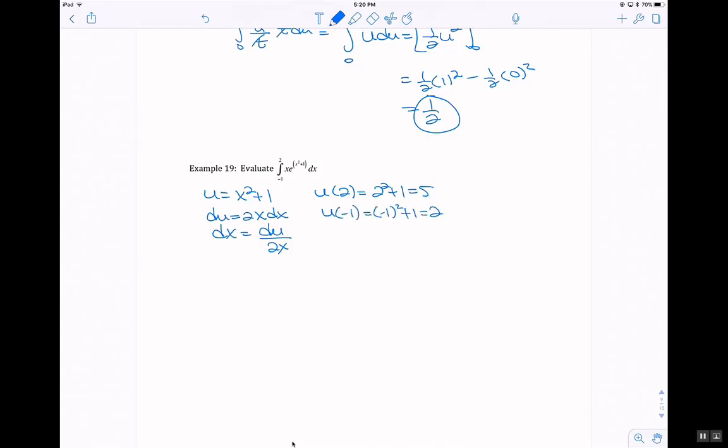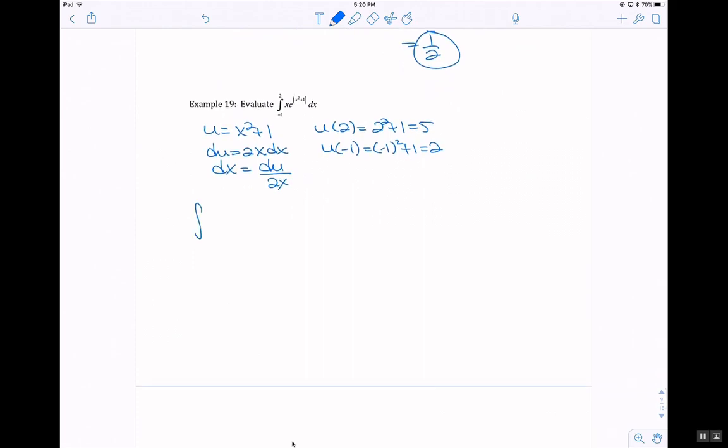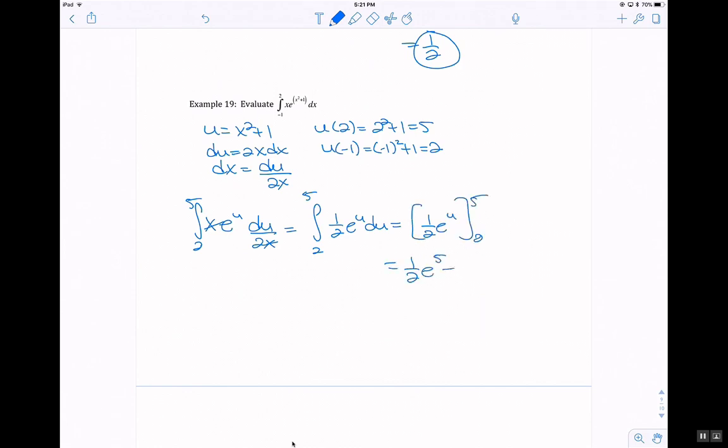So I have the antiderivative from 2 to 5 of x e to the u du over 2x, and the x's cancel out. So I'm left with 2 to 5 of 1/2 e to the u du, which is 1/2 e to the u, evaluated from 2 to 5, so 1/2 e to the 5th minus 1/2 e squared.